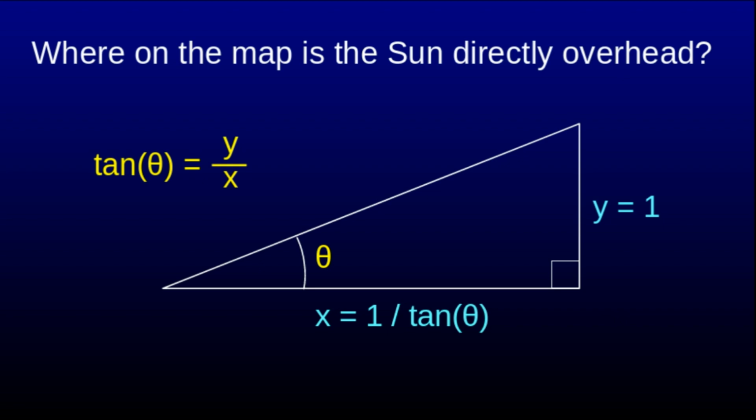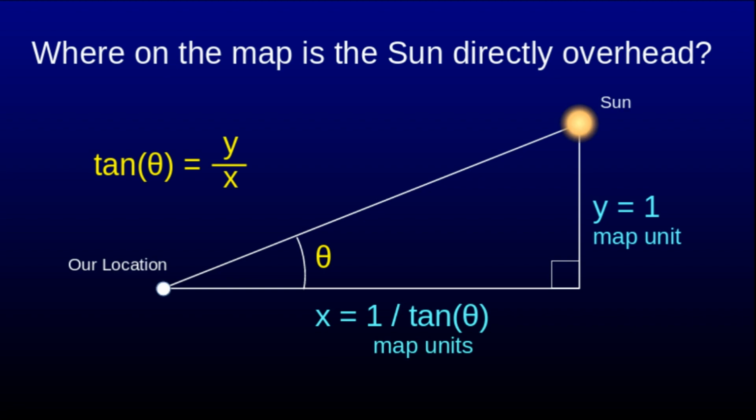To do that, we're going to use this relationship by assigning a value of 1 to the side y. And when y is equal to 1, then we can use this equation to find x as 1 divided by the tangent of theta. So x is 1 divided by the tangent of theta if we assign a value of 1 to y.